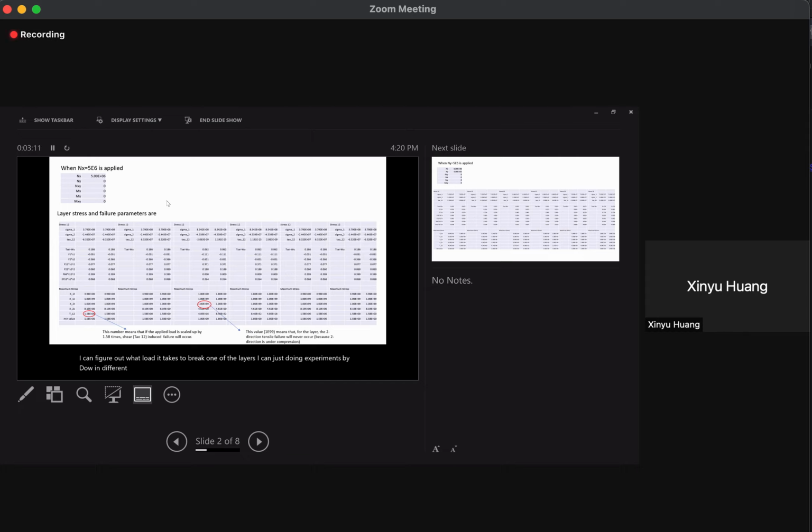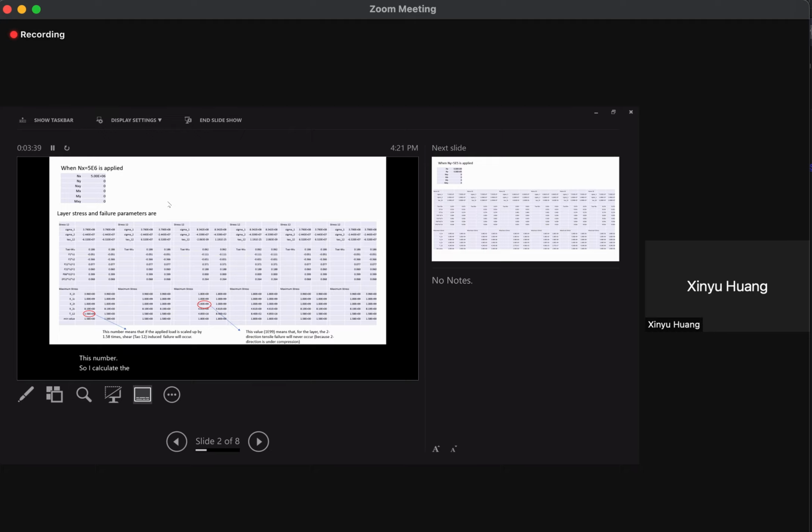I also implement other failure theory. In this case, I also implement the maximum stress failure theory, which is given here. The maximum stress failure theory is very simple. You just compare the stress in that direction with the strength in that direction, right? I compared the strength to stress. So I calculate a number.